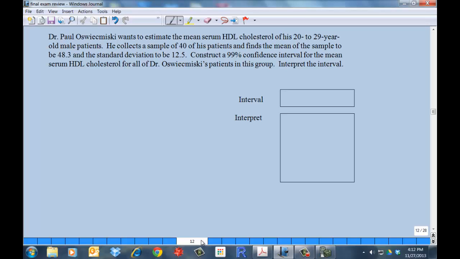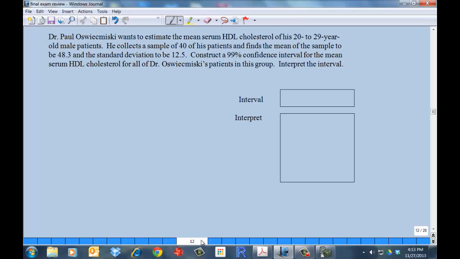Dr. Paul O wants to estimate the mean serum HDL cholesterol for his 20 to 29-year-old male patients. He collects a sample of 40 of his patients and finds the mean of the sample to be 48.3 and the standard deviation to be 12.5.